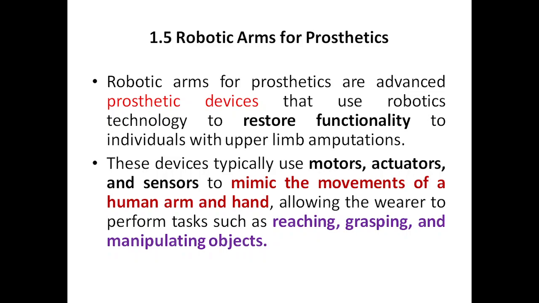So, what do you mean by prosthetics? Those who are from a biological background will know what prosthetics is. But others, you might have seen in some sports that a person who does not have a leg has an artificial leg, or you can call it a prosthetic.